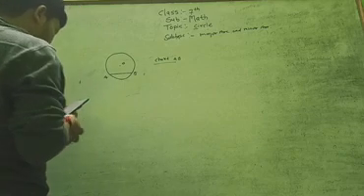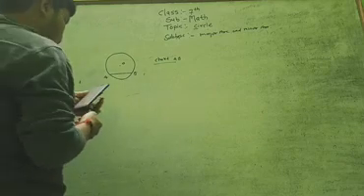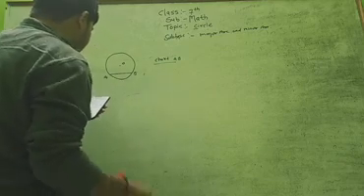The chord AB divides the circle into 2 parts.